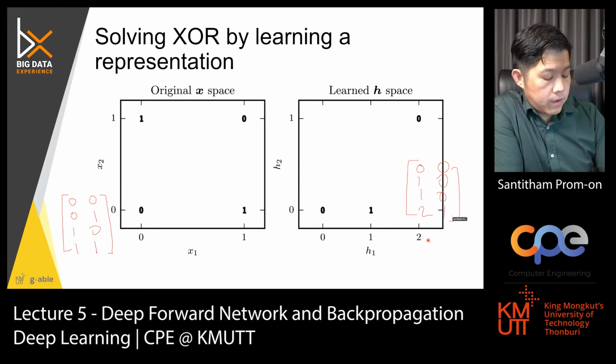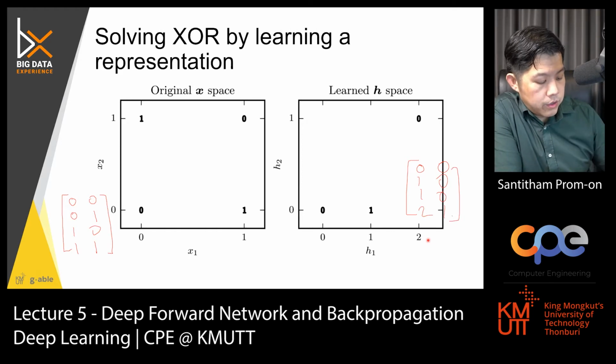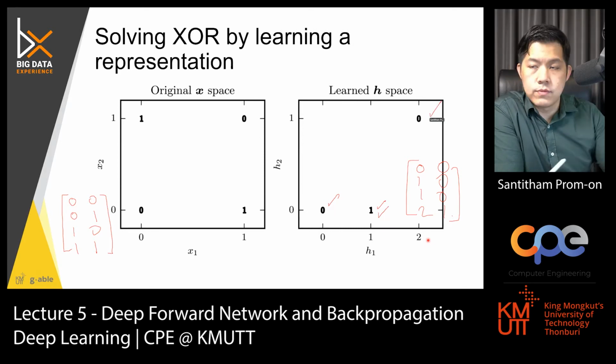Let's check it. 0, 0 here. 1, 0, this one. And 1, 0 again. And 2 and 1, this value.